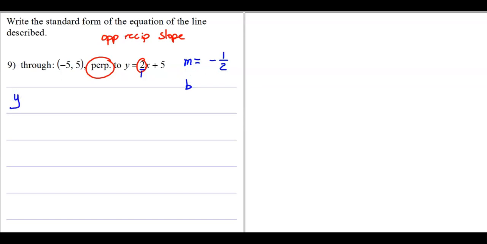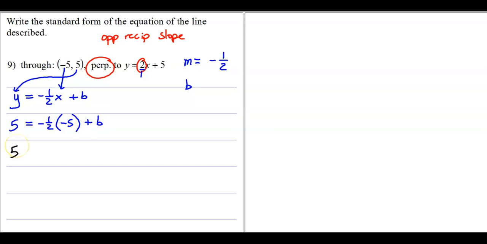Let's go y equals mx plus b. Grab your x and y values, plug them in. 5 equals negative 1/2 times a negative 5 added to b. What do we got here?